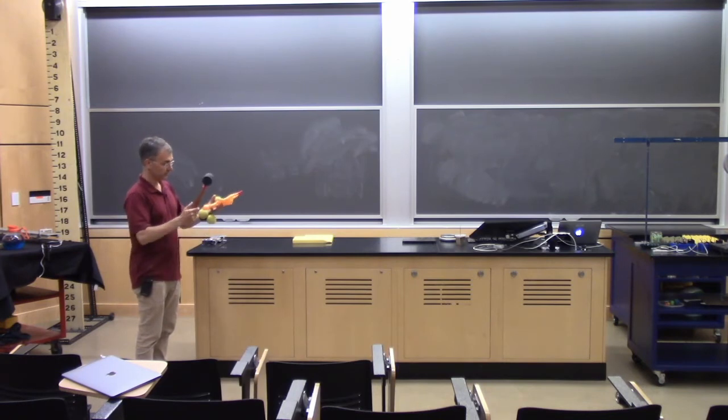And we can look at some more complicated objects. Here's a twirling hammer. You'll see a spinning motion of the hammer about its center of mass, but its center of mass, which stands out because it's brightly colored, traces out the same simple motion that the tennis ball did a moment ago.